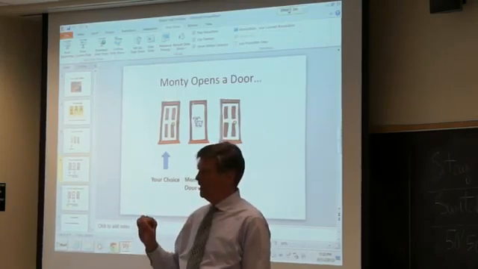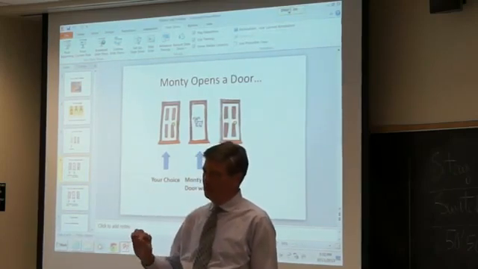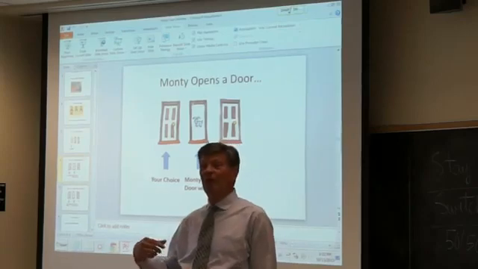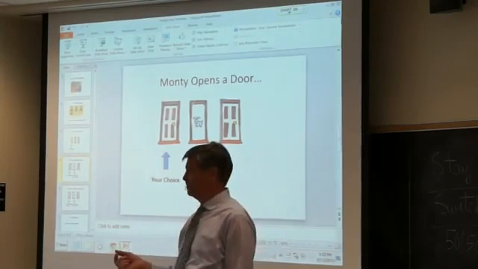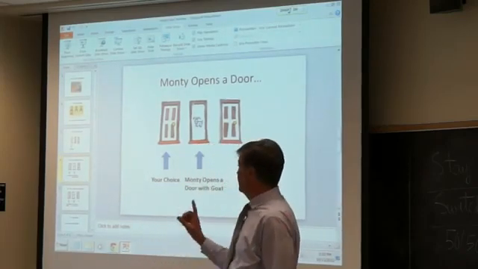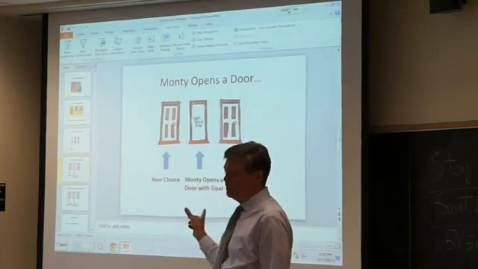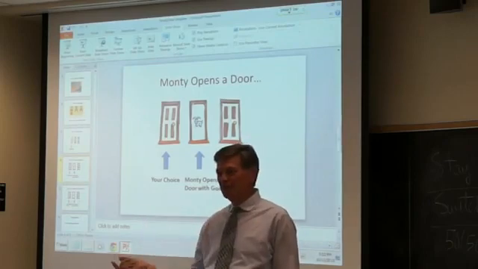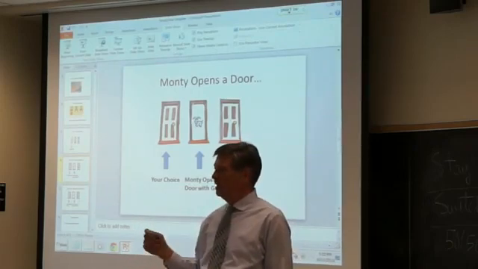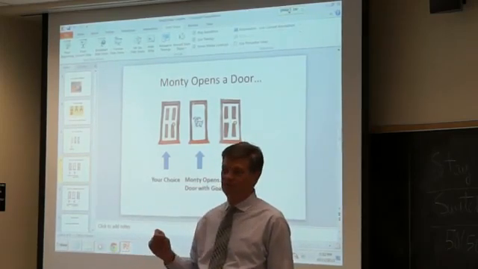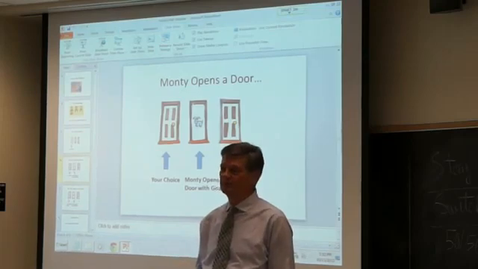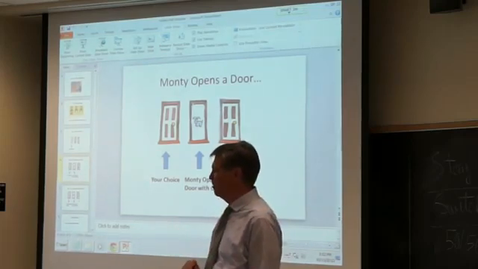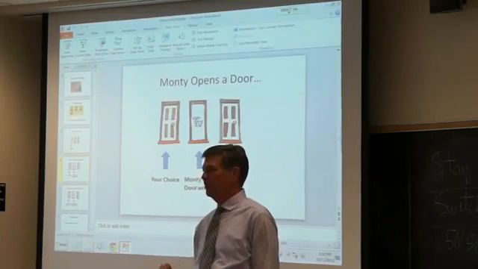But because he deliberately revealed the door with the goat behind it, you have additional information. There are videos that take you through the Bayes formula, update your probability, and you see that it's higher if you switch, because you have additional information. So posterior probability is revised based on what you know.